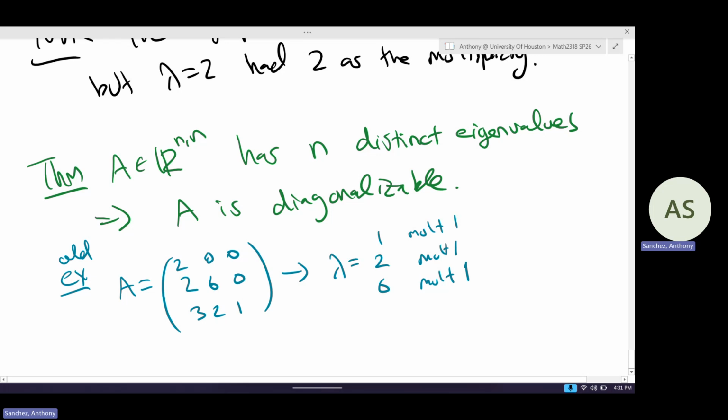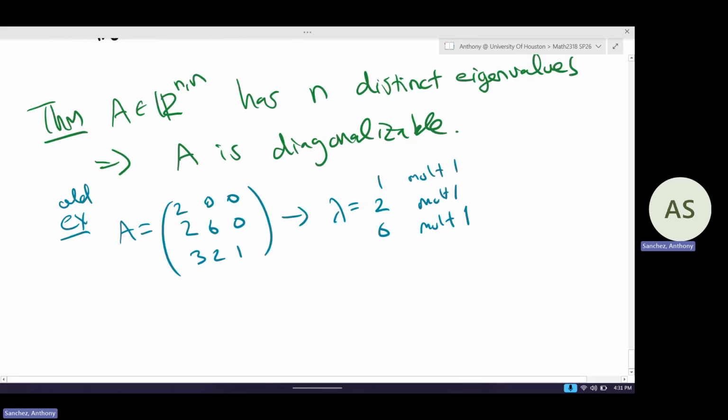And the way we argued that this was diagonalizable was we showed that whatever eigenvectors corresponded to the different eigenvalues had to be linearly independent from the other ones by virtue of them coming from different eigenvalues. But now I can just use this theorem to avoid that extra sentence, basically. All right, so it's a very nice remark.